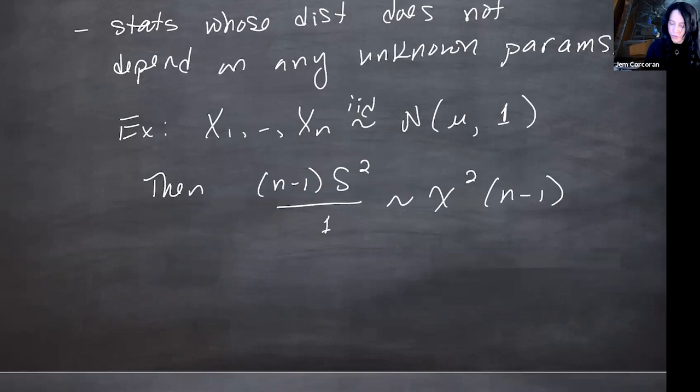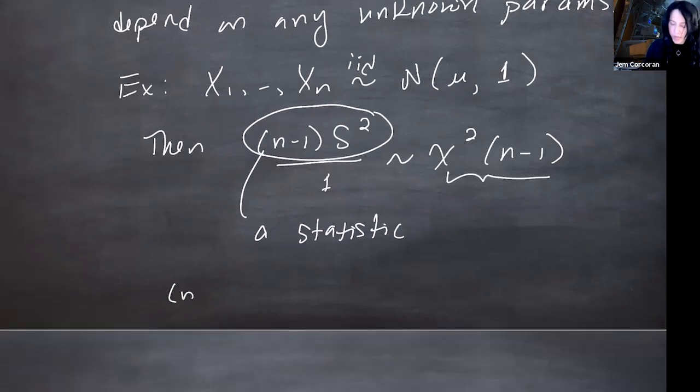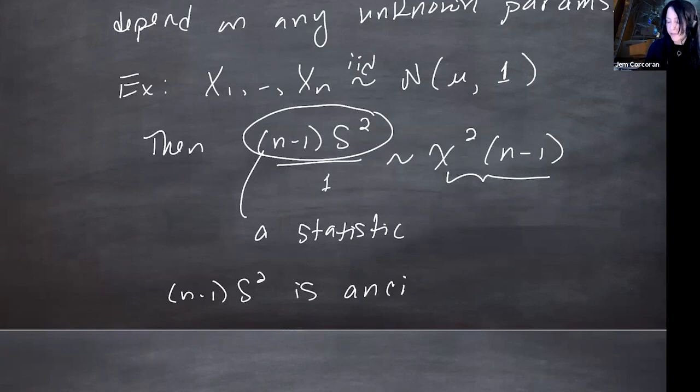And so this is actually a statistic now. Again, a statistic can't have an unknown parameter in it, and its distribution is parameter free. So n minus 1 S squared is ancillary using this new definition of a statistic that doesn't depend on the parameter.